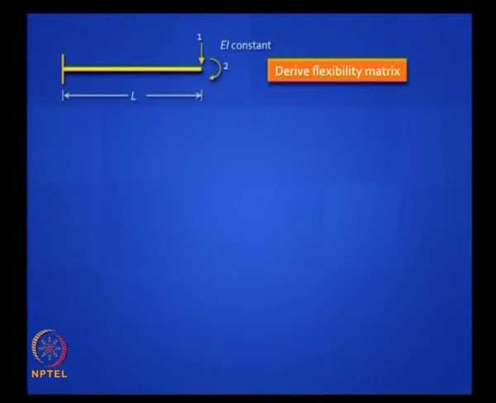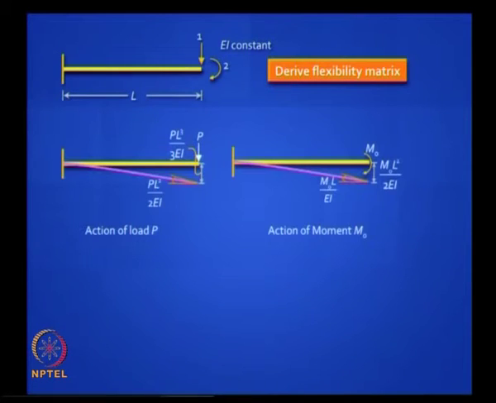Now let us just demonstrate this with a simple example of a cantilever beam. Let us look at the 2 coordinates referring to the deflection and the rotation at the free end. If you were to derive the flexibility matrix, you could do that by first applying a load P at the free end and then applying a moment m0 again at the free end, and you can use any method.